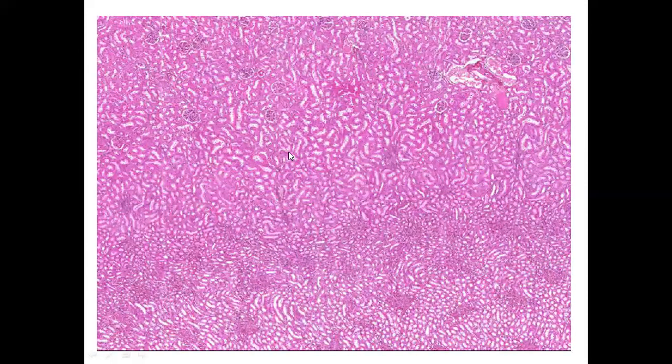What is very evident in this micrograph is that there are different sizes of cross sections of tubes. As we have discussed, the kidney doesn't have much connective tissue, but it has lots of nephrons, about 2 million nephrons in each kidney.